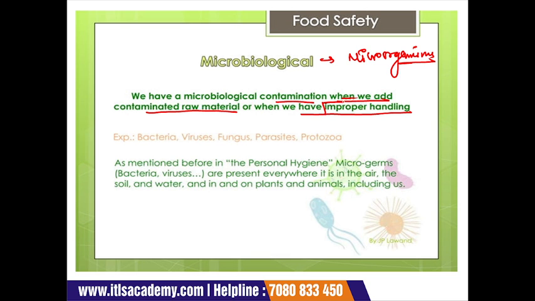What does improper handling mean? For example, we are not allowed to put our food at room temperature for 2 hours. This is one example of improper handling, because the growth of microorganisms takes place.